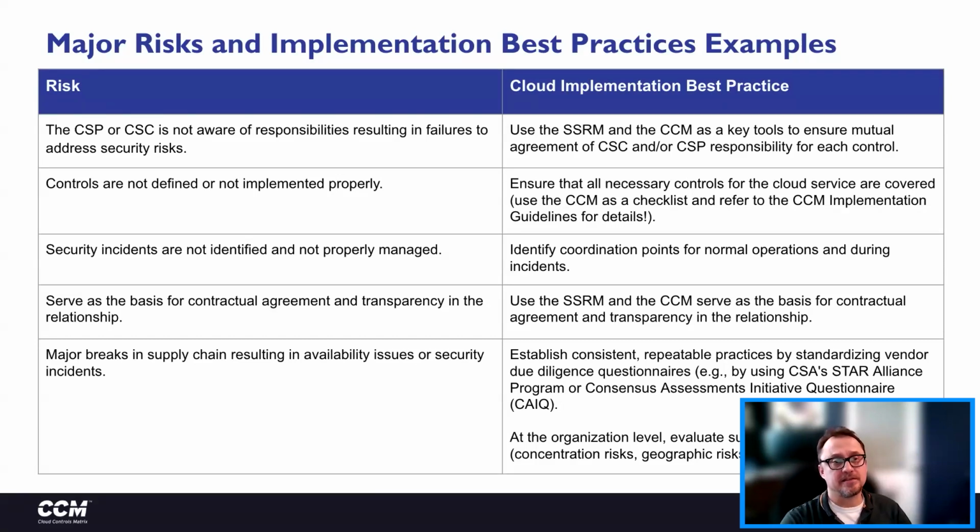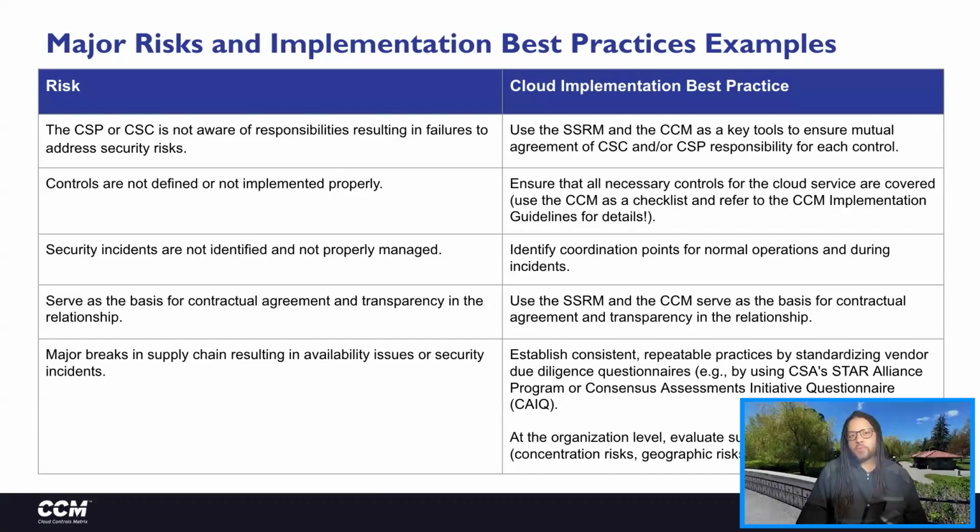And the second risk listed here, controls are not defined and implemented properly. So there's a gap there. Well, you want to ensure all necessary controls for the cloud service are covered. So you could use that CCM as a checklist. And the implementation guidelines detail exactly how the control objectives should be put in place. It gives you a lot of perspective on the objective of that control.